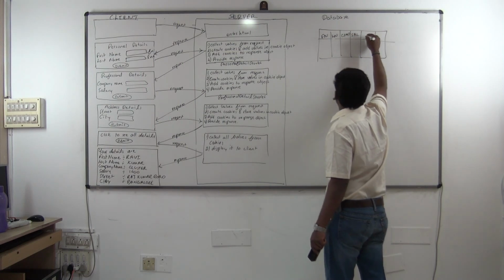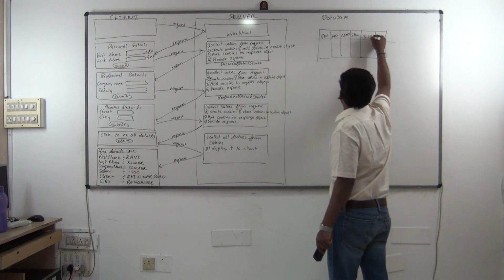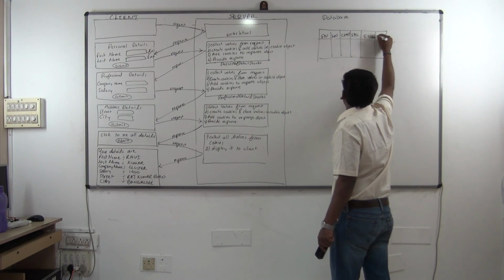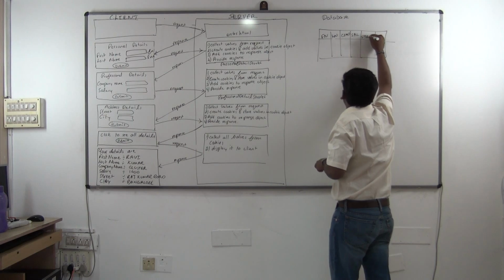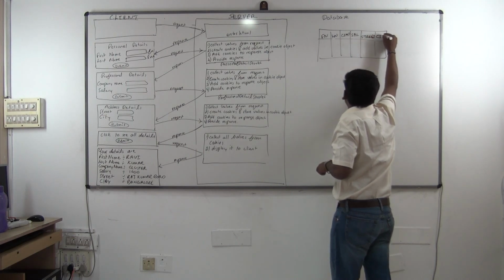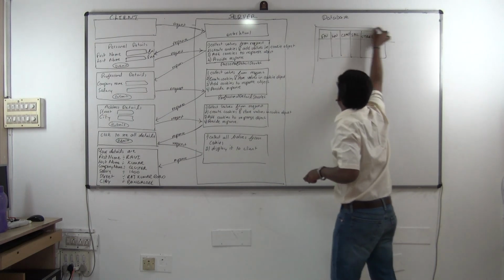Like this you create one table, street, city. You can do this.